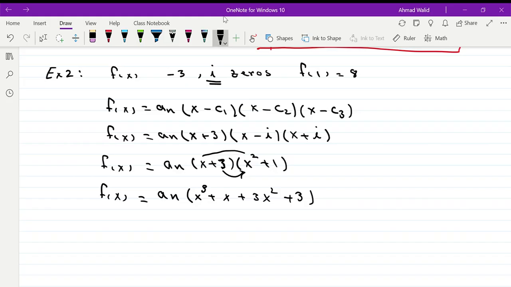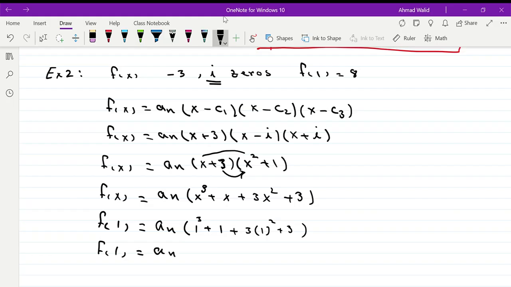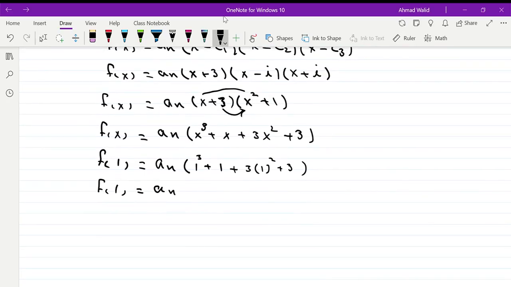Now, how much is f of 1? Let's find f of 1. F of 1 then equals a sub n times 1 cubed plus 1 plus 3 times 1 squared plus 3. 1 cubed is 1, 1 plus 1 is 2, 2 plus 3 is 5, 5 plus 3 is 8.